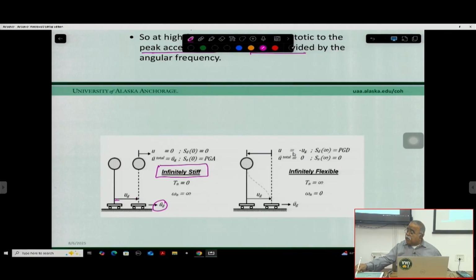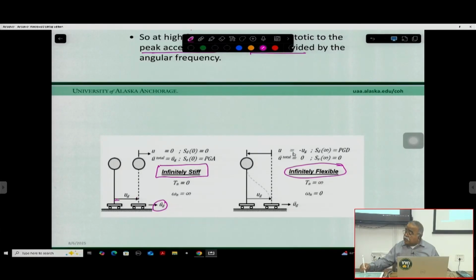But if it is a very flexible structure, then if there is ground motion, the structure will be flexible like this. So you can see that this is your ug, but this part is basically zero. So ug double dot is basically equal to some omega n squared into ug, where omega n equals 0. That means it's a very flexible structure.